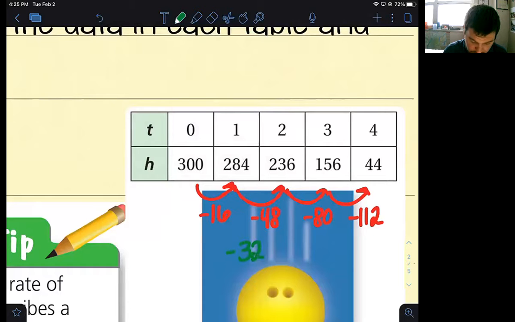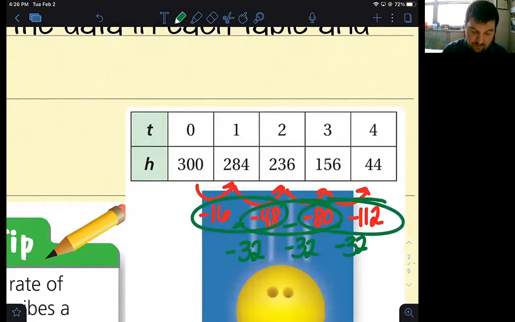Difference of 32, difference of 32, difference of 32. The rate that it's increasing by is actually, it's getting 32 feet per second faster in between each second. So that's why it's nonlinear, but you can see that the difference is actually going up by 32 each time. So there's a difference of 32, difference of 32, difference of 32.